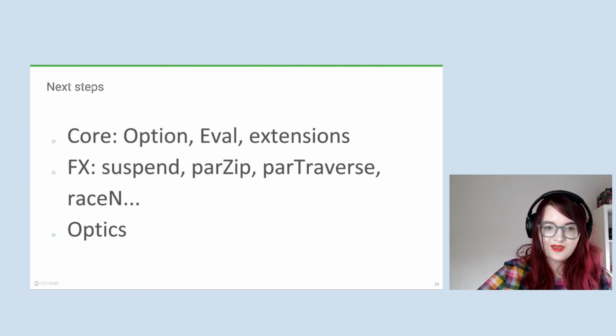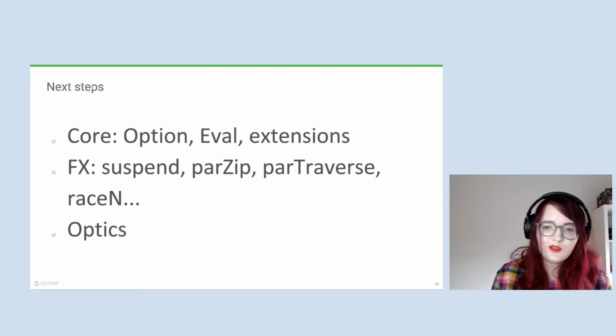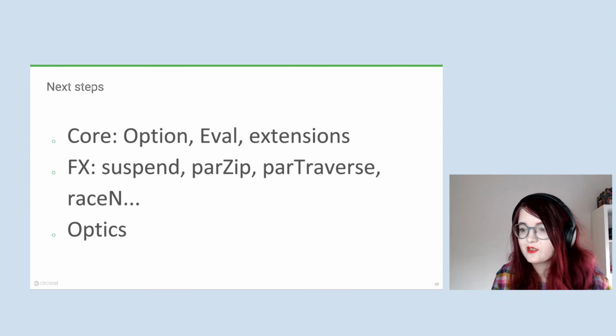So what else can you use as a Kotlin developer from Arrow? You can also see more core entities like Option, Eval, and look into Effects for the concept of suspend functions.